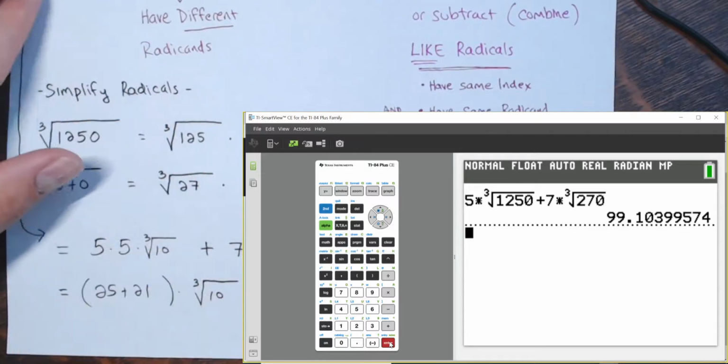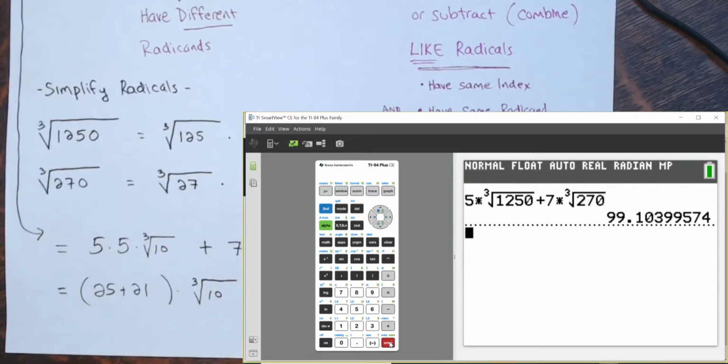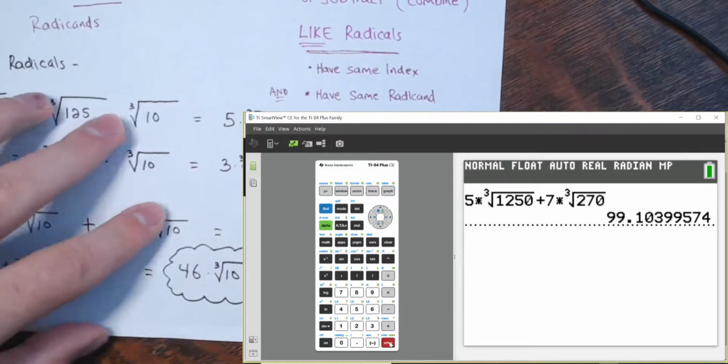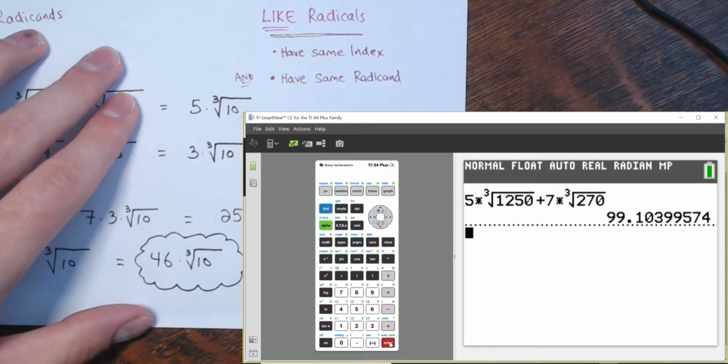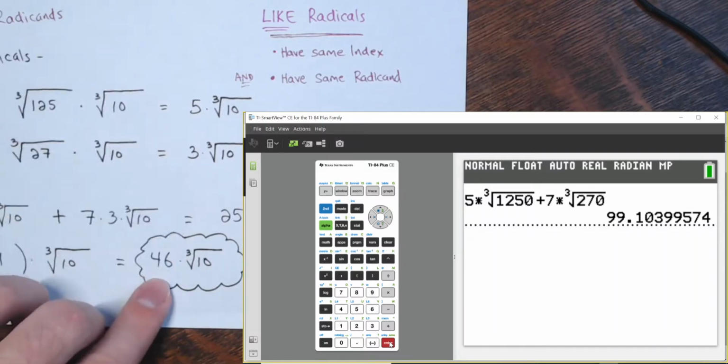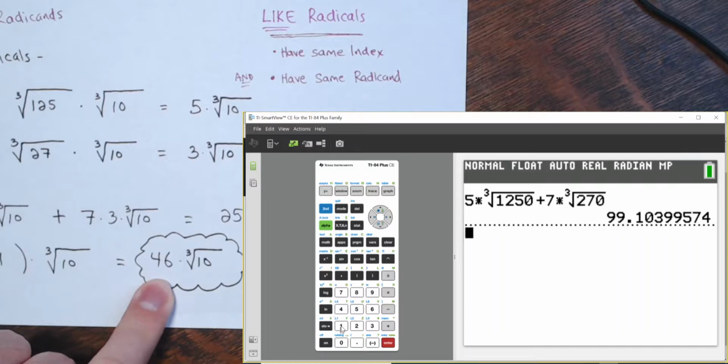Well, now let me enter what we ended up with after totally simplifying the radicals and then combining these like radicals. I ended up with 46 times the cube root of 10. Let me see if that gives me the same number, and it should if I did things correctly. So I'm entering 46 times the cube root of 10.